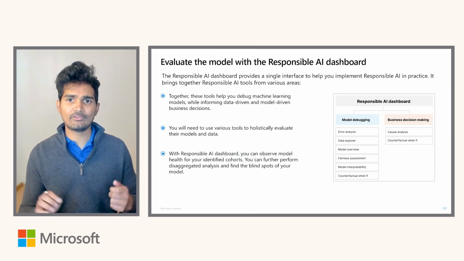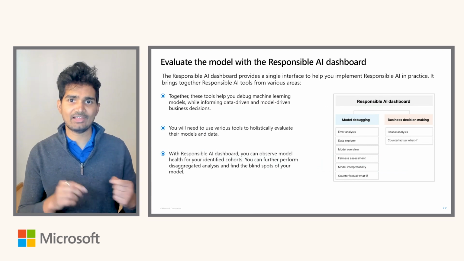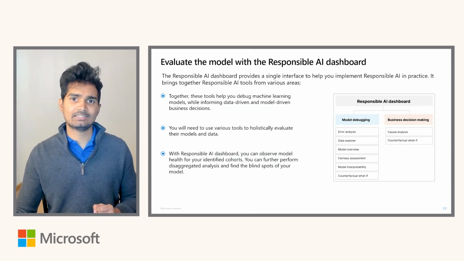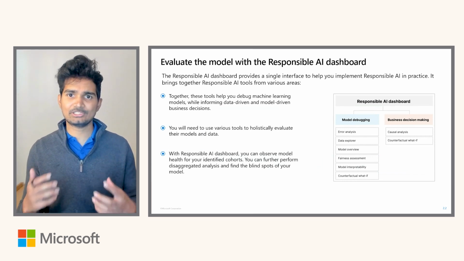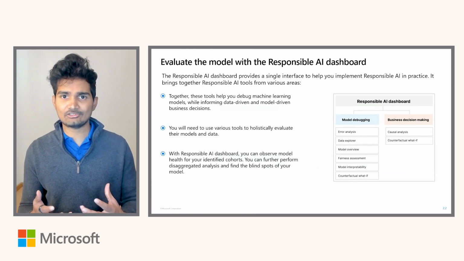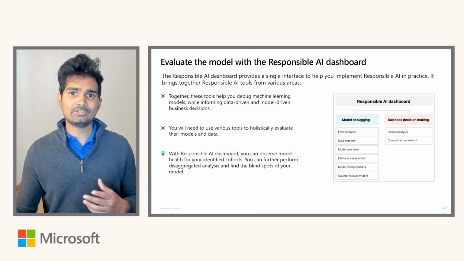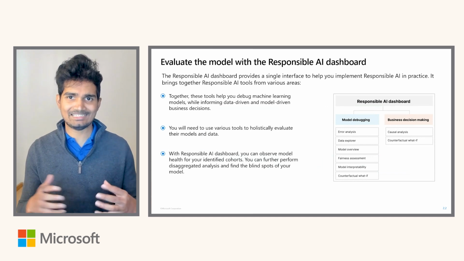The Model Overview and Fairness Assessment feature allows you to evaluate the performance of your model and the model's group fairness issues. Together, these tools will help you debug machine learning models while informing your data-driven and model-driven business decisions. You will need to use various tools to holistically evaluate your models and data.